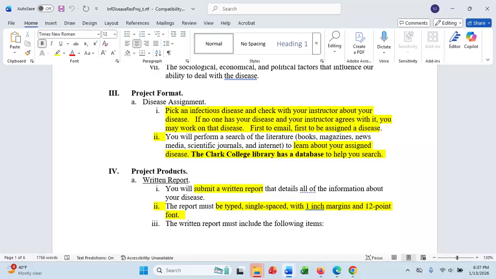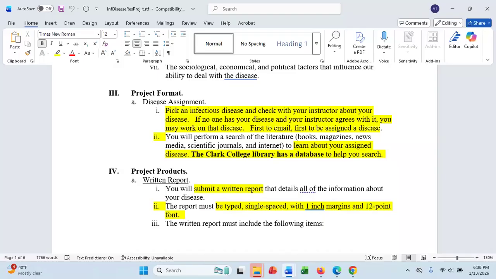But I can divide that by stage of the disease. So there are some diseases I do divide. And that's another reason why you need to check with me. Because some diseases I'll say you've got to divide it. You take this part, and somebody else can take another part.